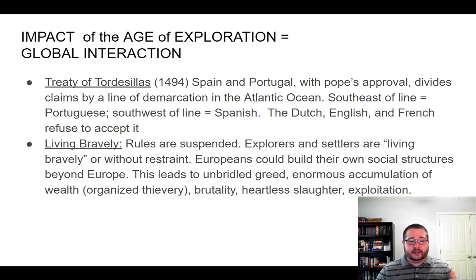Explorers and settlers are living bravely or without restraint, and what this leads to, it's like there are no rules, so it leads to unbridled greed, enormous accumulation of wealth, organized thievery, brutality, heartless slaughter, and the exploitation of the native peoples who lived there before. That's what this was. So this whole concept is just propaganda in and of itself.